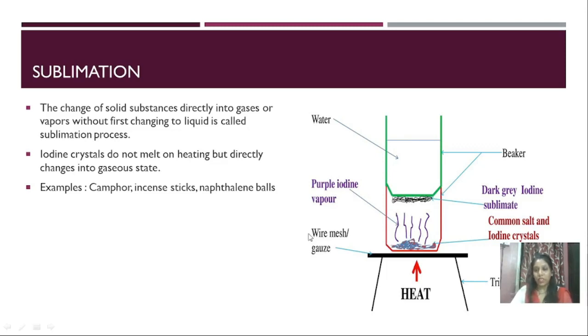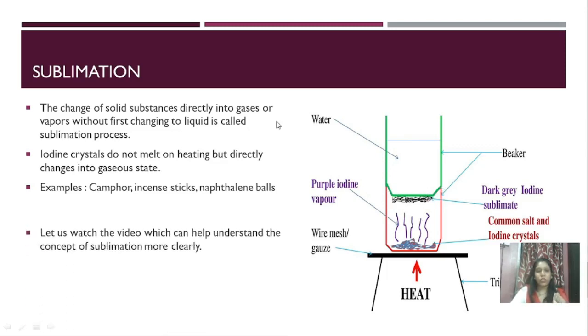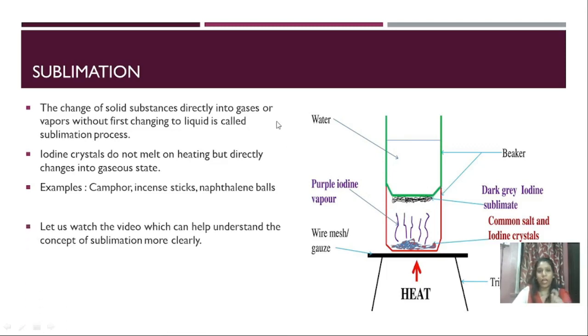So children, this does not turn into liquid. They change into vapors and they stick to this beaker, right? So now we will watch a small video which will help you understand the concept of sublimation more clearly. So let us watch a video.